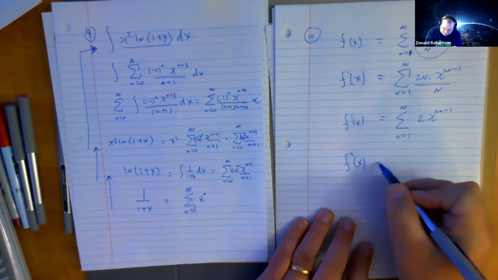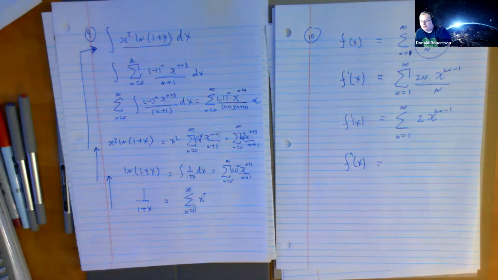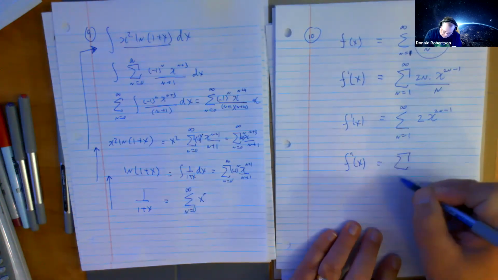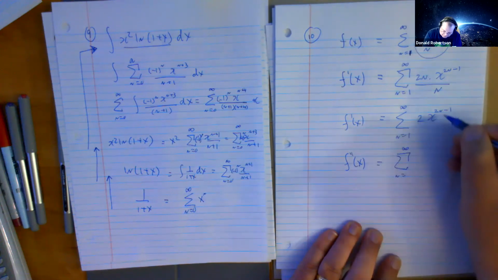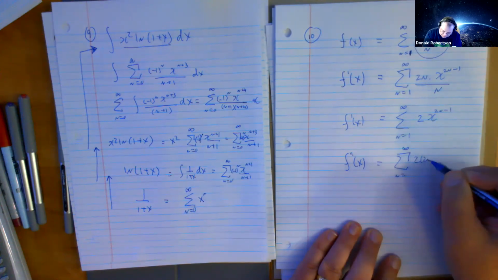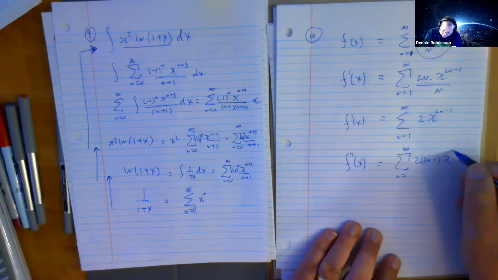Suppose I wanted to get the second derivative, and I wanted the answer as a power series. Wouldn't I just use the power rule? Multiply by the power and reduce the power by 1.